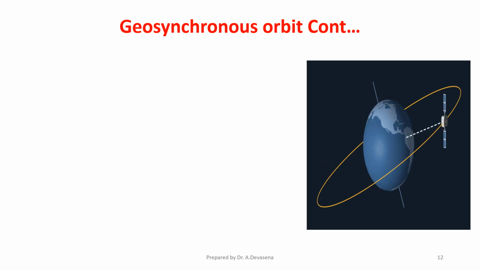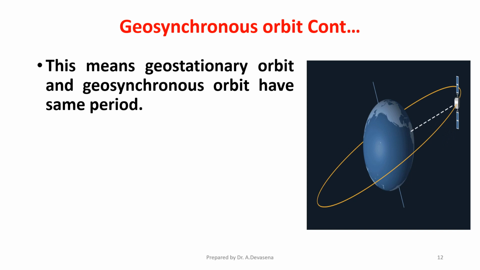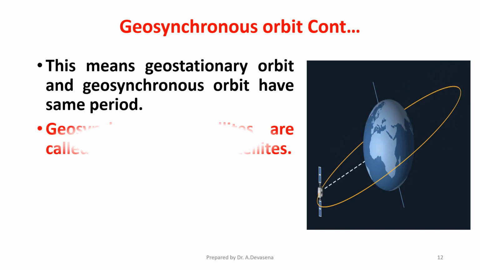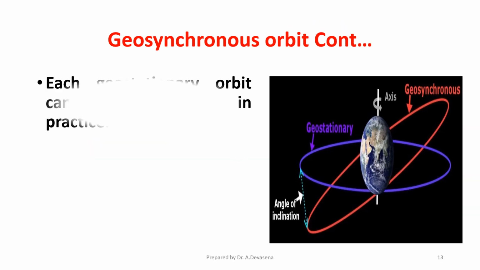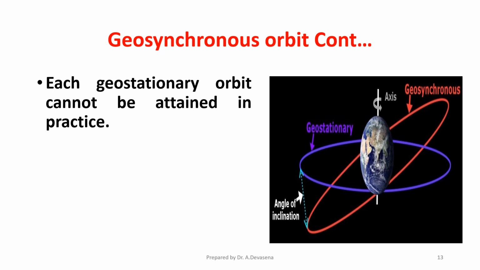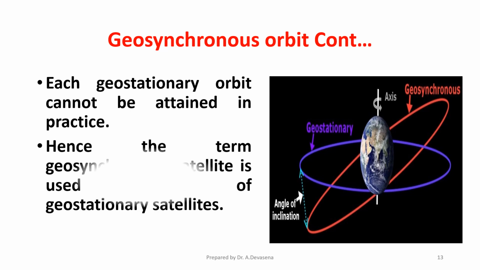This means geostationary orbit and geosynchronous orbit have the same period. Geosynchronous satellites are called geostationary satellites. Exact geostationary orbit cannot be attained in practice. Hence, the term geosynchronous satellite is used instead of geostationary satellite.